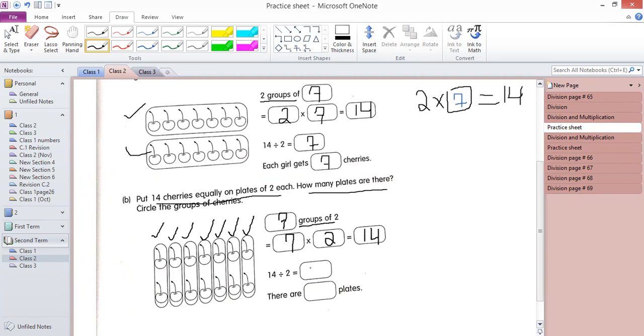Now do the opposite. 14 divided by 2, because there are a total of 14 cherries and you want 2 cherries in one plate. So this will also be 7 and there will be 7 plates. In this way, we learn that multiplication and division are opposite to each other.